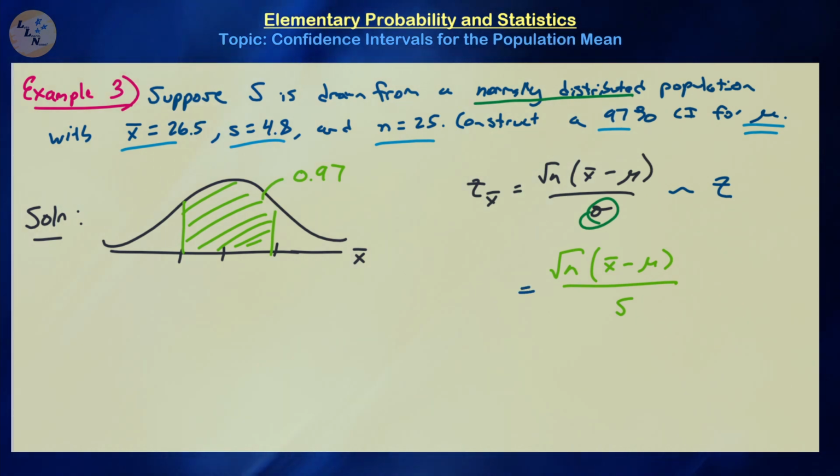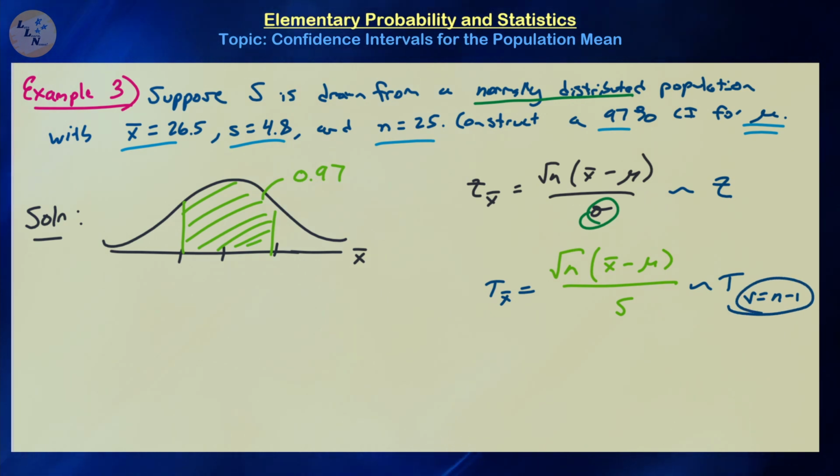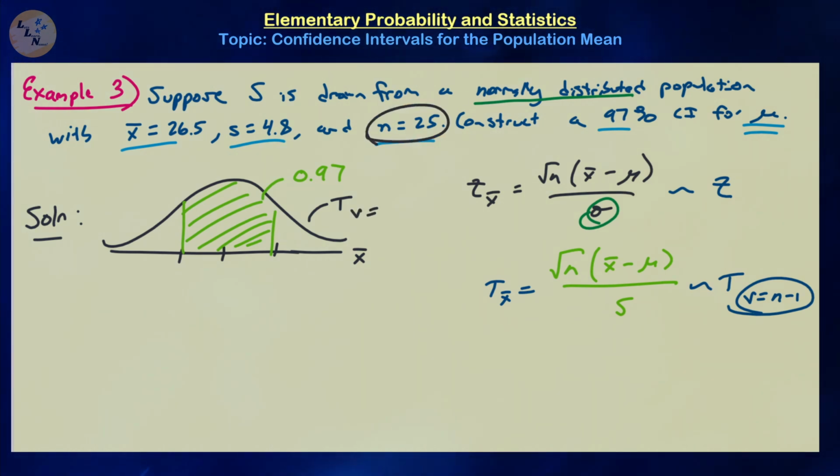This is what we refer to as a t-score for the sample mean x bar, which is associated to a t distribution with degrees of freedom, sample size minus 1. So this graph, although still bell-shaped, is a t distribution with degrees of freedom of sample size, which is 25, minus 1, which is going to be 24. So that's a t distribution with v equals 24.